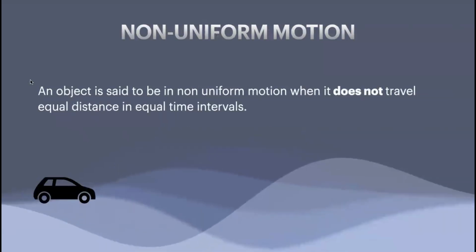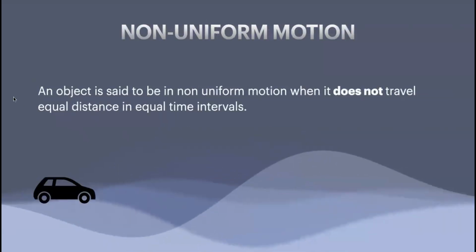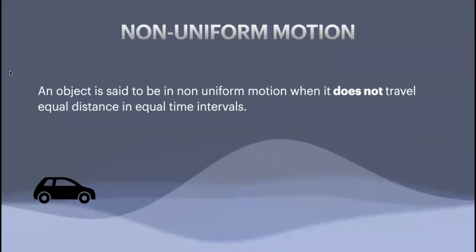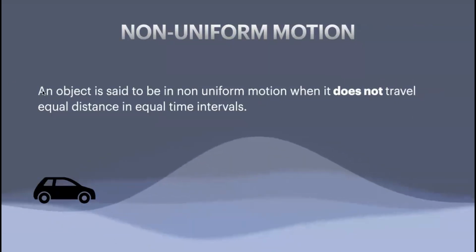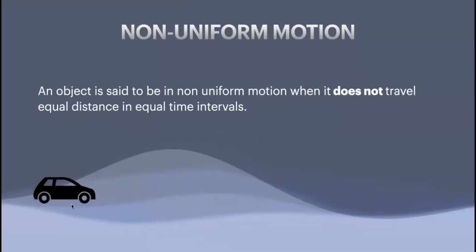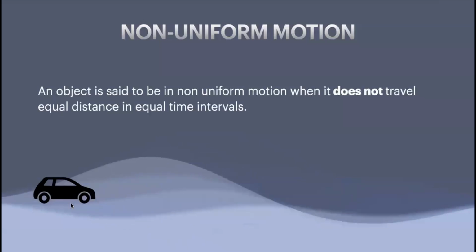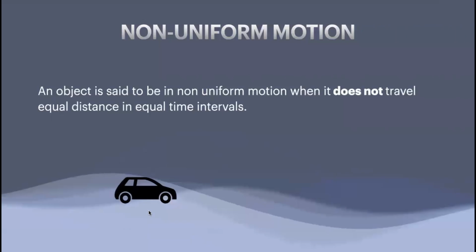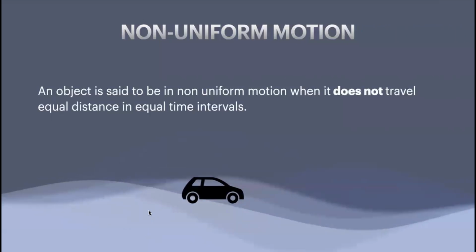Clear? What is non-uniform motion? An object is said to be in non-uniform motion when it does not travel equal distances in equal time intervals. Now, let us see with the help of this animation again. The car is over here. See, it travels the first distance at some speed. Next, it became slow.